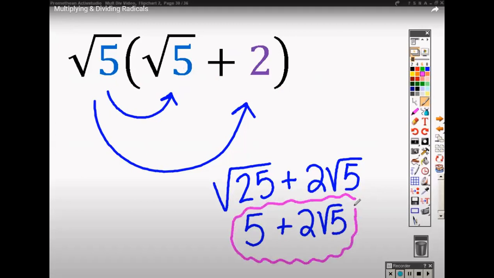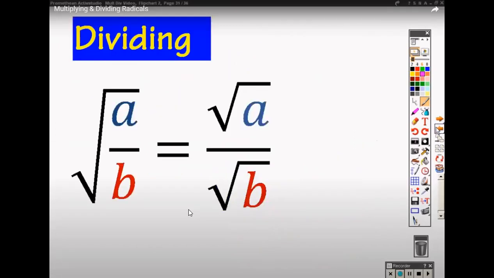Then the final answer will be 5 plus 2 square root 5. So once we have a number before the parentheses, we have to simplify by distributive property.